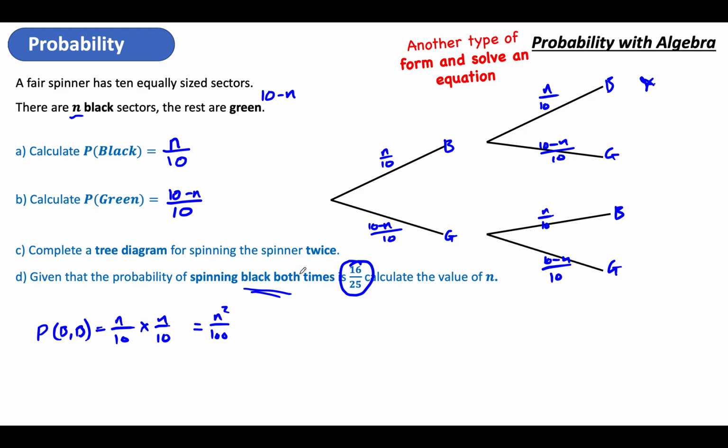Yep. Now, here's my extra bit of information. I'm told that that probability there is actually equal to 16 out of 25. So that's the expression for the probability of black and then black, but I also know that that must be equal to 16 out of 25.